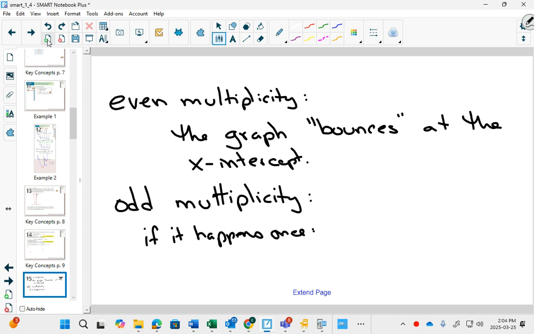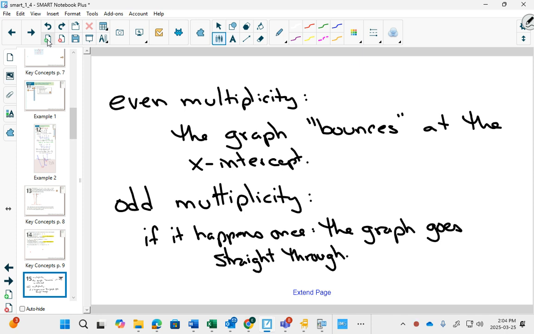If the exponent is 1, if you have an x-intercept happen only once, the graph goes straight through. Technically, sometimes people don't list this in multiplicity because multiplicity sort of implies that it happens more than once. So we could sometimes just ignore this, but it's good to put a note.